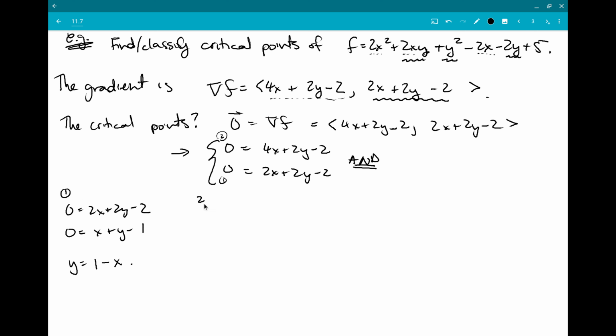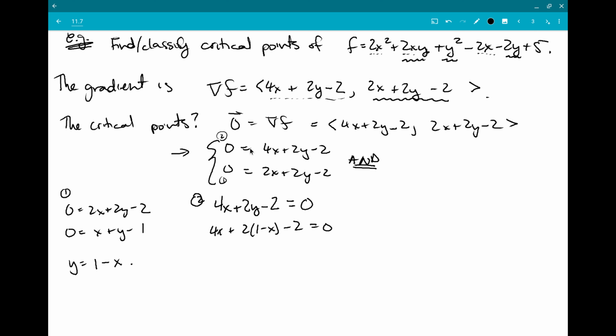And then for my first equation, I've got 4x plus 2y minus 2 should be equal to 0. So I'm going to plug in what I know y is. I've got 4x plus 2 times 1 minus x minus 2 is equal to 0. Both the equations have to be true at the same time. y equals 1 minus x tells me that the second equation is true.